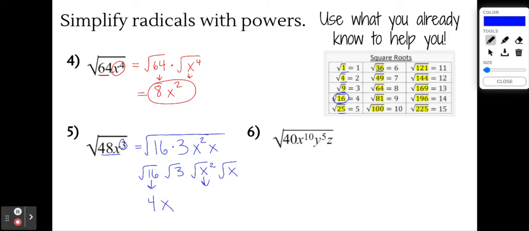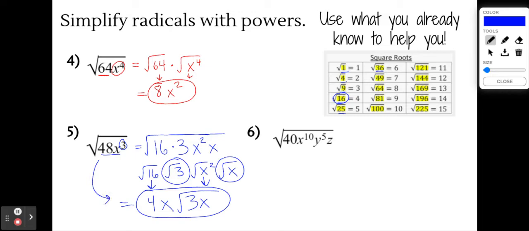It's x. Now, these two, square root of 3 and square root of x, are not perfect squares. I can't factor them out anymore, so I'm just going to keep them underneath the radical, 3x. So the simplest form for the square root of 48x to the third power would be 4x radical 3x.